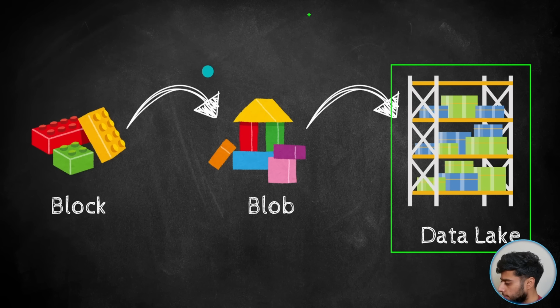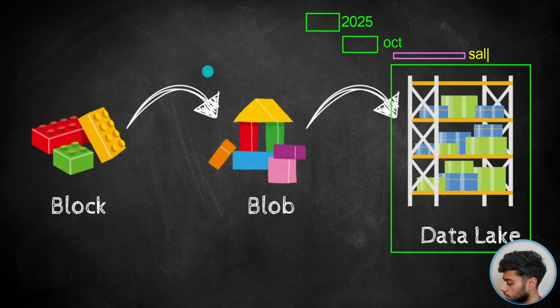For example, let's say I have a folder called 2025, and within this I have another folder called, let's say, October. And within this I want to save a file called sales.csv.